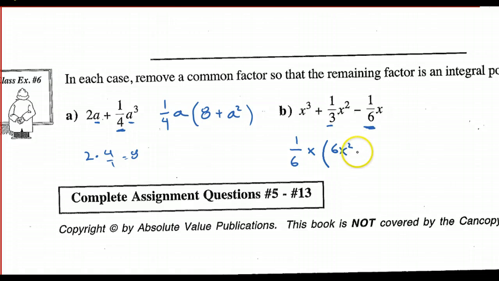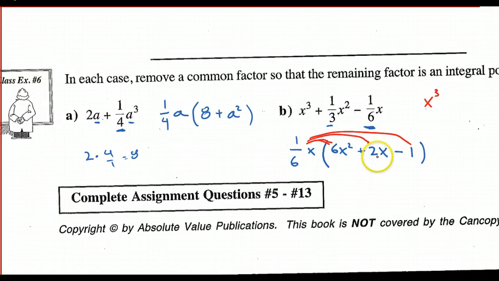And now what's going to be left here? It's going to be plus 2x and then minus 1. Okay, let me go ahead and double check that. I did this one pretty quickly in my head. So if I distribute 1 over 6, x times 6x is going to just be x cubed, so that's the first line here.